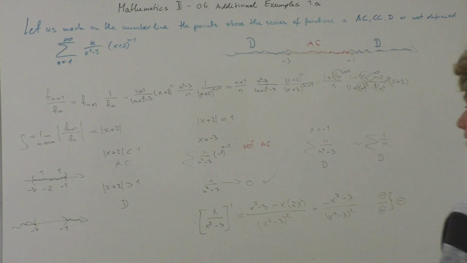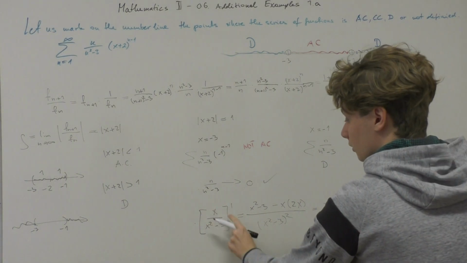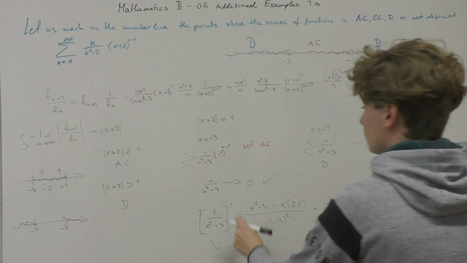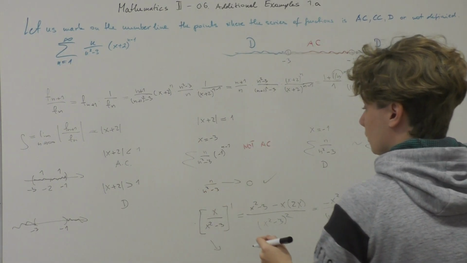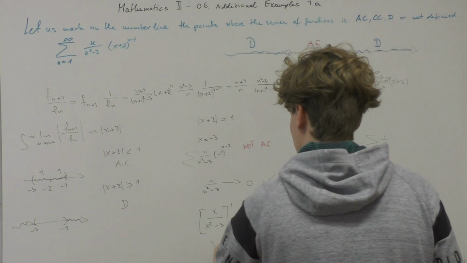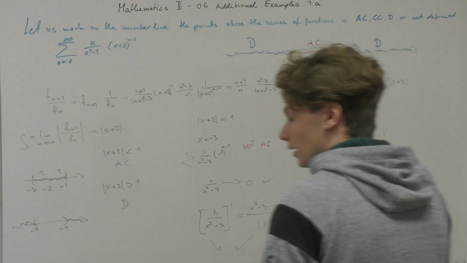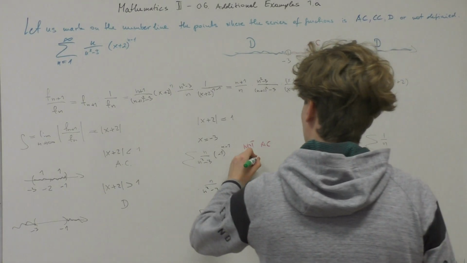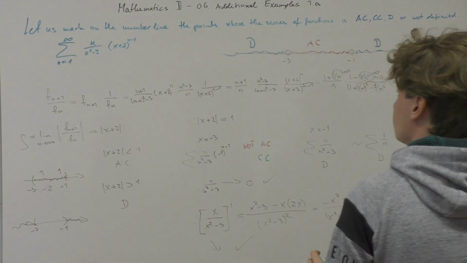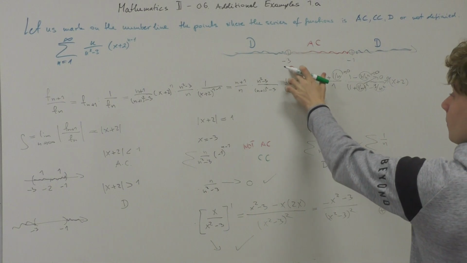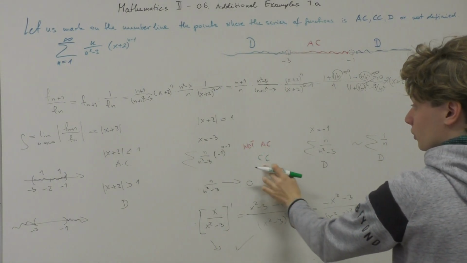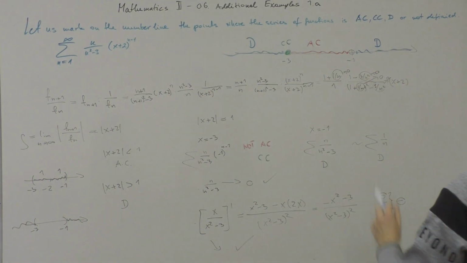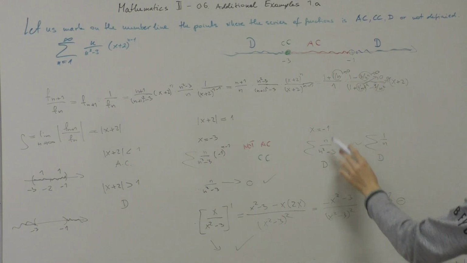And this means that the derivative is negative, so this function is decreasing, and because this function is decreasing, this sequence of numbers is also decreasing. So the second condition also holds, and this means that it is conditionally convergent. So at minus 3 we have that the function series is conditionally convergent, and at minus 1 we have that the function series is divergent.